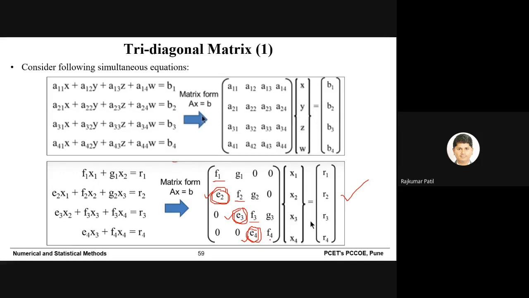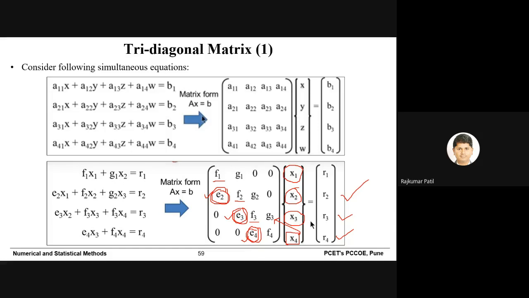And once you make these values to 0, you will get F4. You can simplify this particular matrix and back substitution, you can calculate the value of x4 by using last row, that is fourth row. Then you can put this x4 value in third row, and upon simplifying you will get x3. Again, by using the value of x3 and x4, and by using second row you can calculate x2, and similarly you can calculate the value of x1.